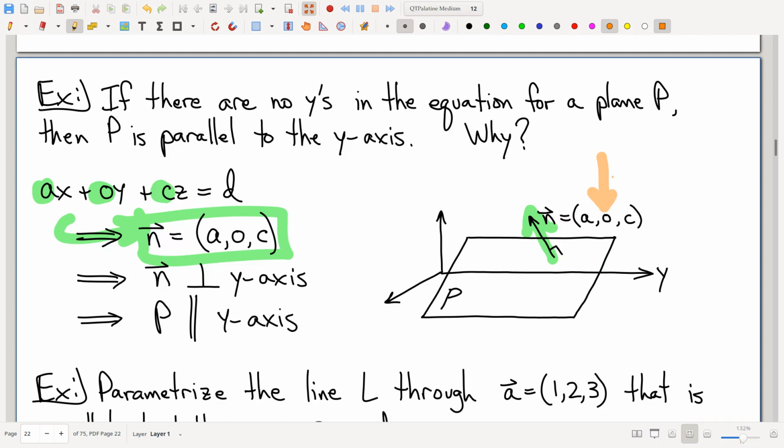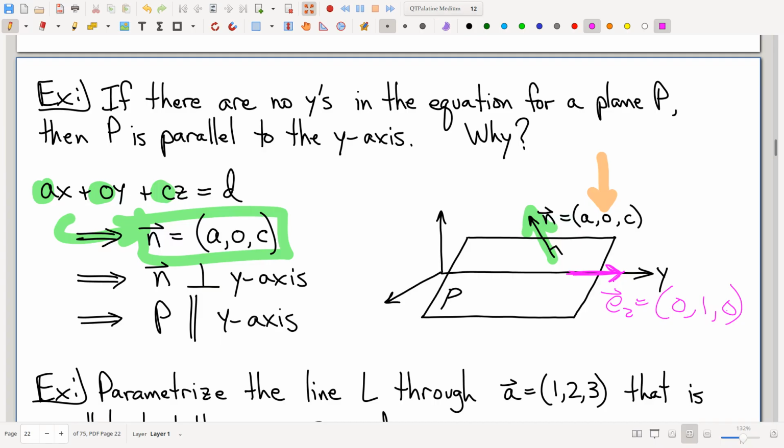And that means that the dot product with E2, keep in mind that E2 is 0, 1, 0. Because of that 0 in that critical location, this dot product's always going to be 0, which means that vector and E2 will always be perpendicular.